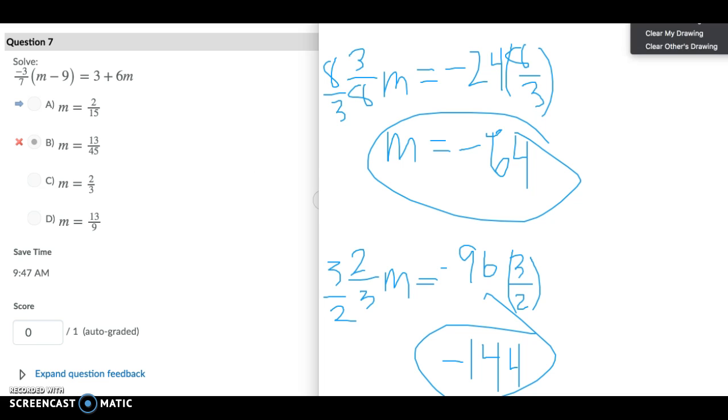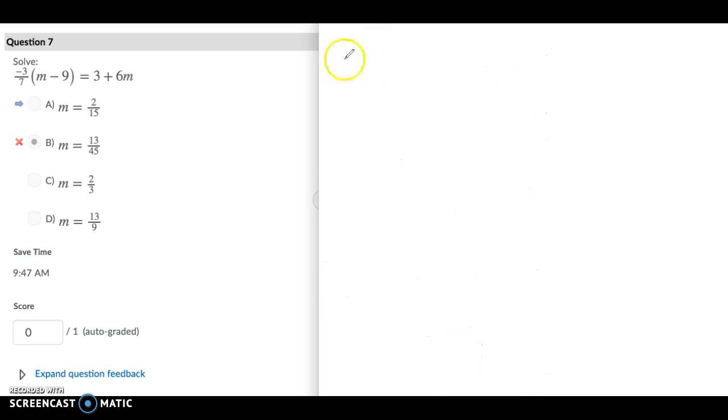All right, this next one is a little trickier. Okay, so whenever I have a number outside of the parentheses like this, but let's look and see that this is a fraction.